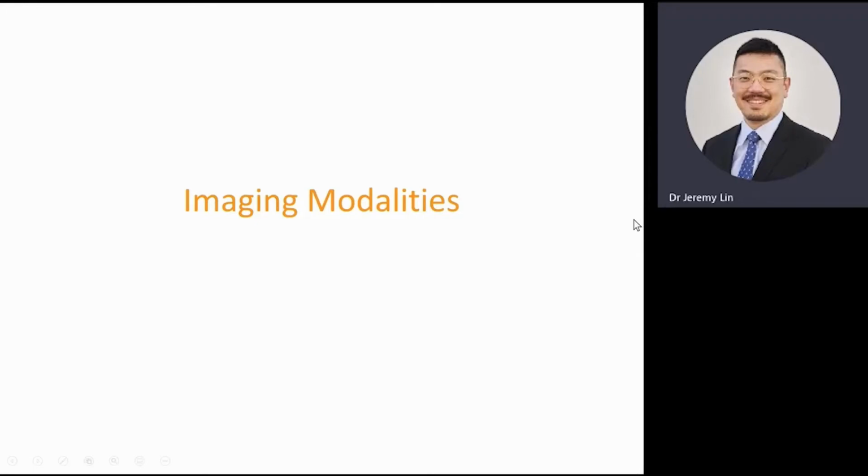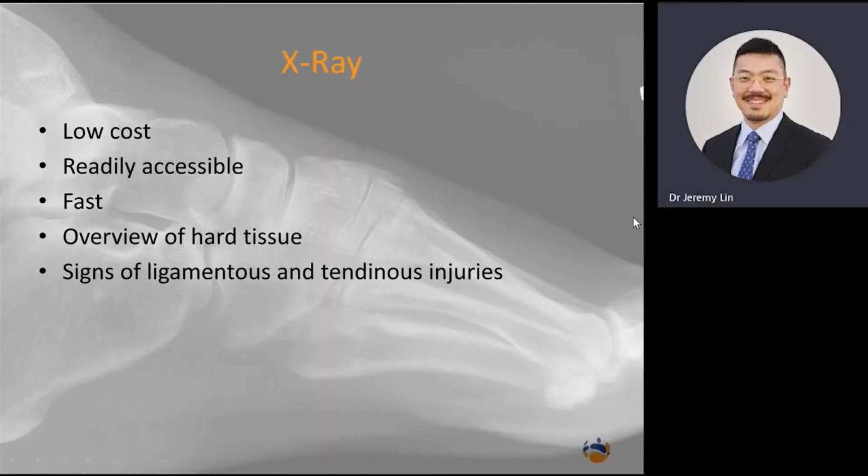Okay, so the imaging modalities. The obvious one and the most commonly used one is the good old venerable radiograph. It is a low cost imaging modality that is readily accessible. There is never any delays in booking. Everyone, when they're walking through a clinic, can get a radiograph done. It is very fast.